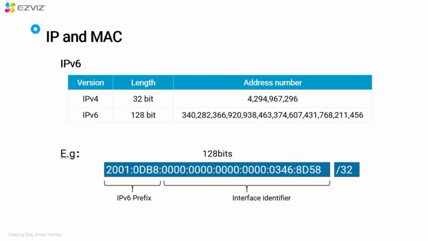So, as we mentioned before, IPv4 defines an IP address as a 32-bit number.